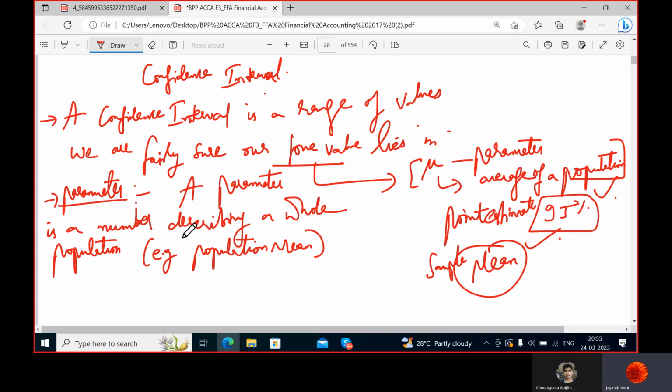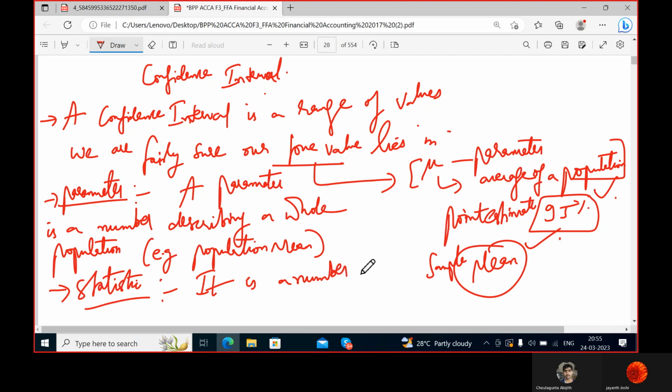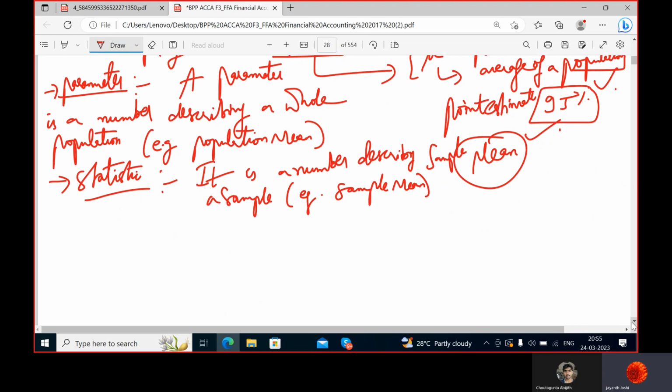Now what is a statistic? You have heard about a word called sample statistic, correct? So what is a statistic? It is a number describing a sample. Example, sample mean. Okay, some more points we'll discuss.